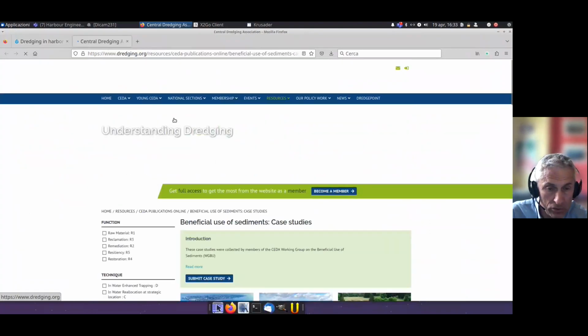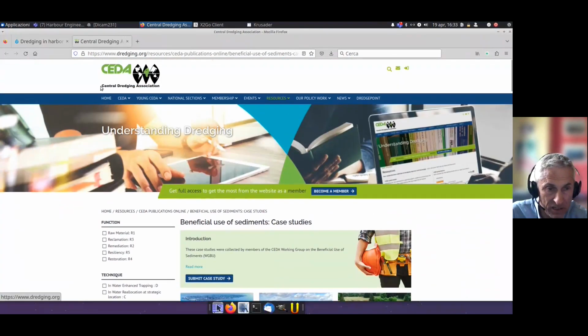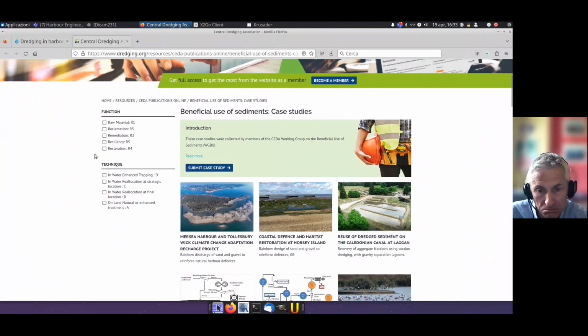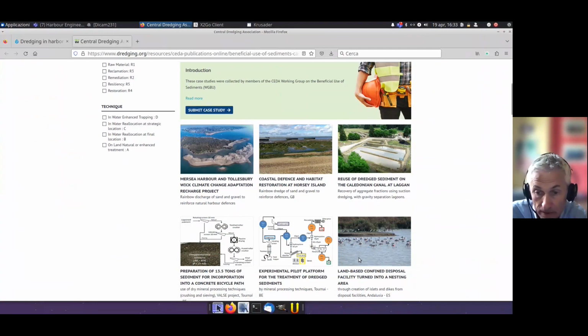Let me open it in a new window. It is the website of the Central Dredging Association. And here there are a lot of case studies. So look here, for instance, reuse of dredged sediment on the Caledonian Canal at Lagan, coastal defense and habitat restoration at Horsey Island, land-based confined disposal facility turned into a nesting area.